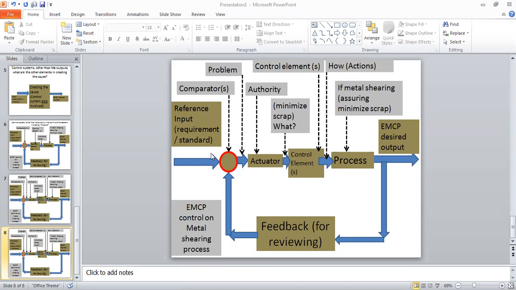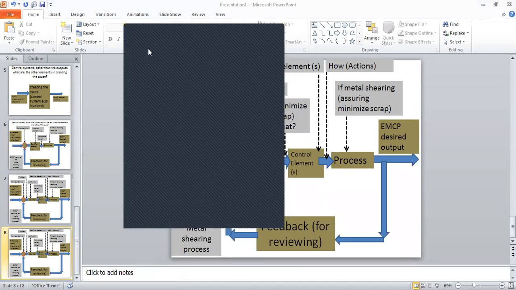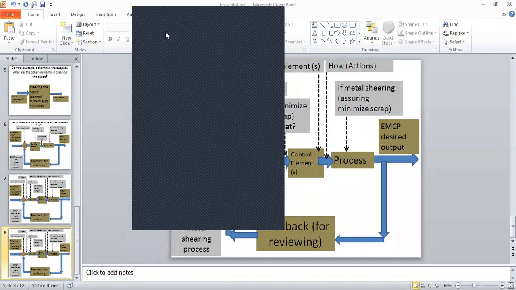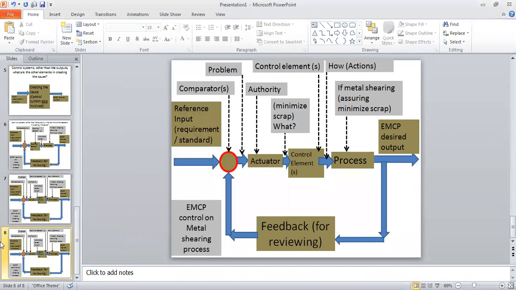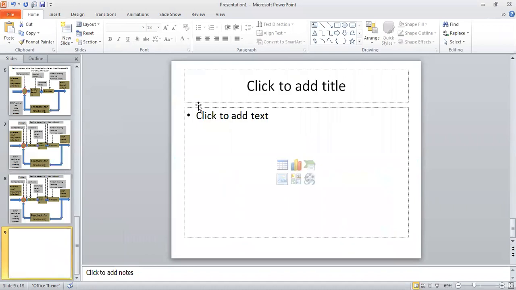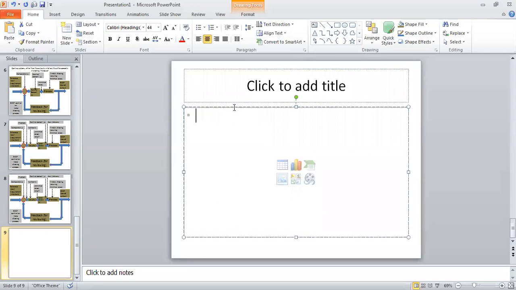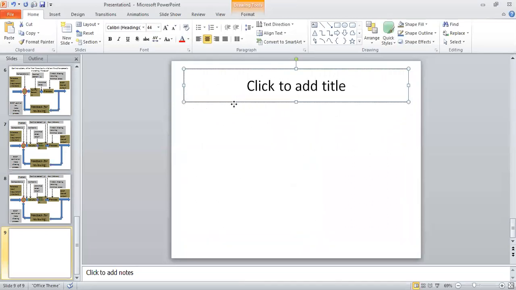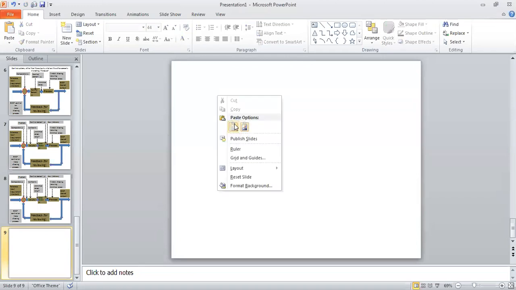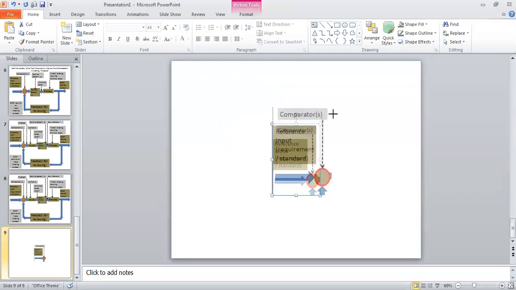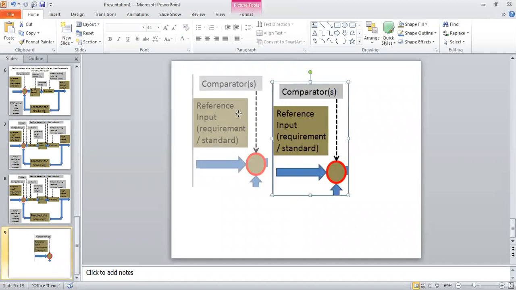I will take here. I will take this. This part means this one.